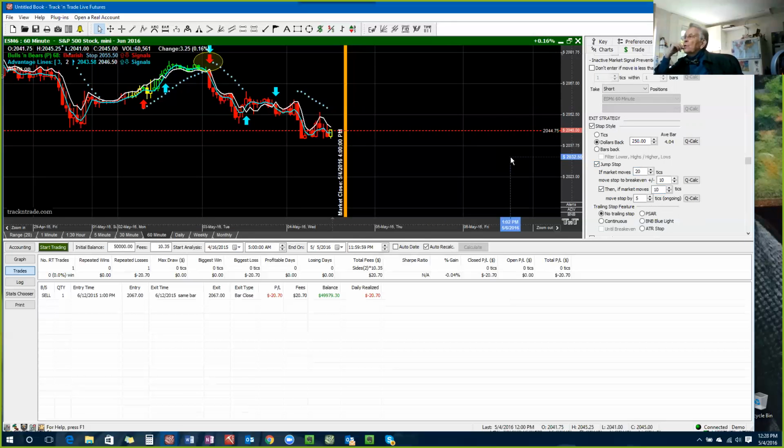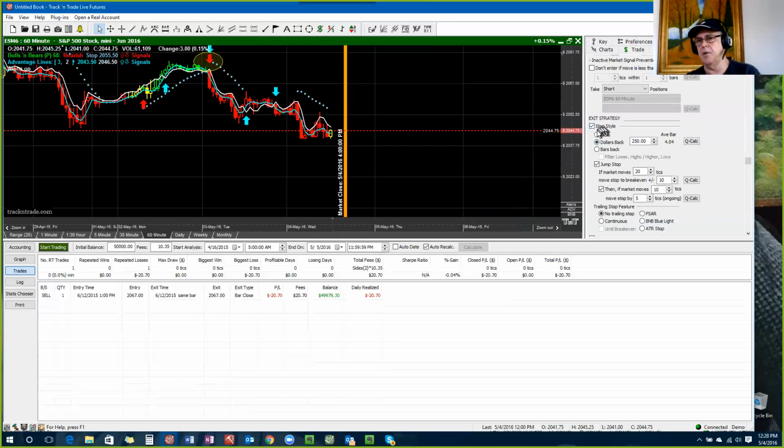I'm not sure why. I mean, that's very intricate and very good, but why would you use it versus a $250 stop? Either one, it's the same number. I see. $250 is 20 ticks. You can use either way. But you're giving it more of a subtle approach.